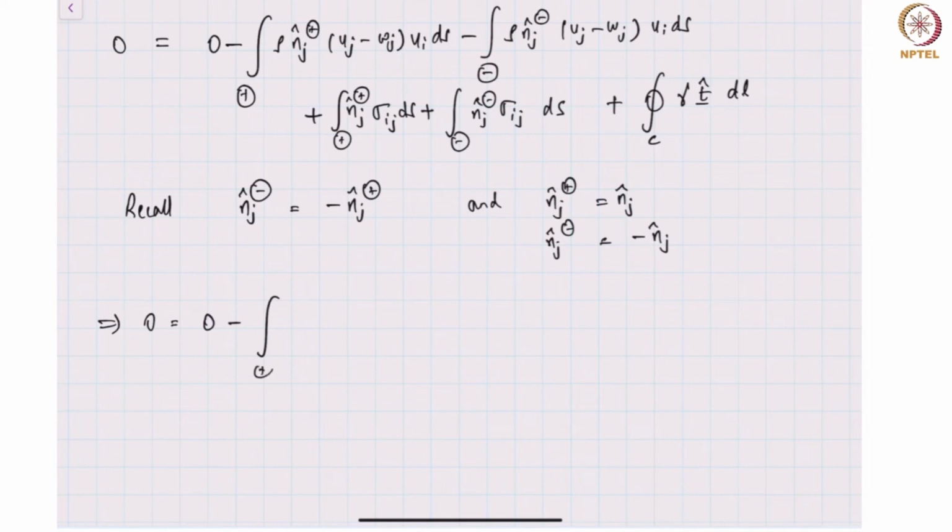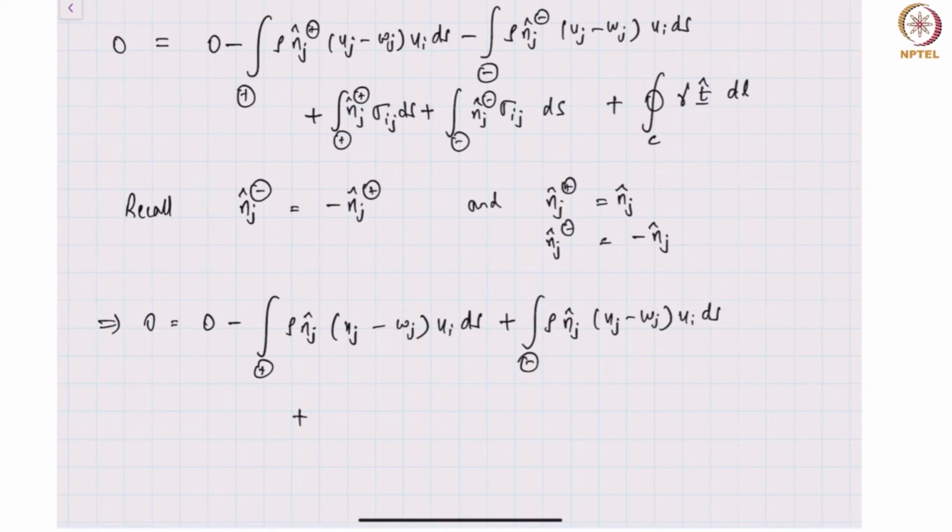This is on the plus side, rho nj uj minus wj uids. Now I have the minus sign there, so that becomes plus rho nj uj minus wj uids. The hydrodynamic force term is done.